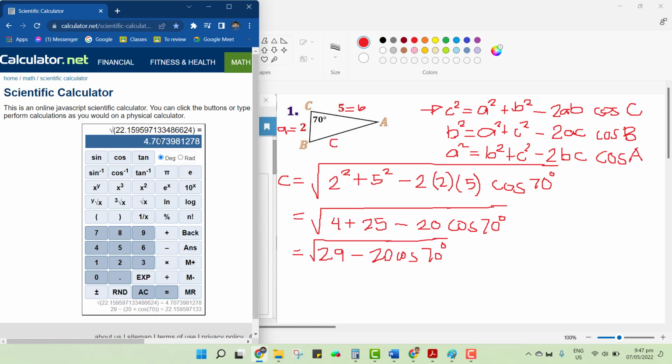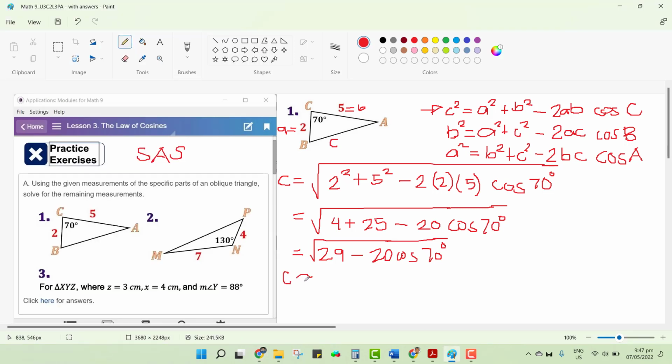So please make sure that you also practice computational skills using your calculator. So definitely this is the value of C now, and this is where we round it off to 4.71. So C is approximately 4.71. This is the result for this value here, 4.71.